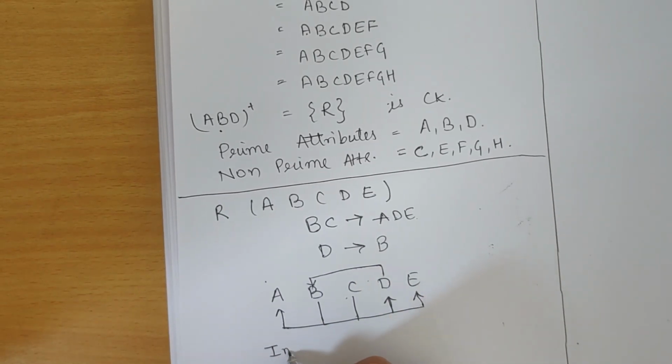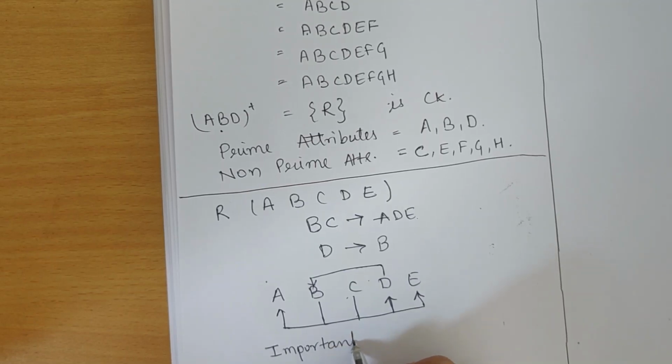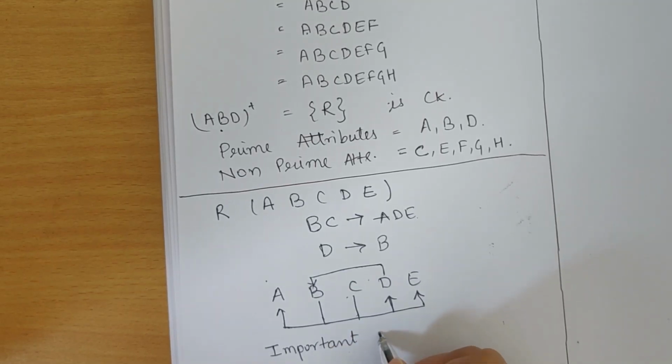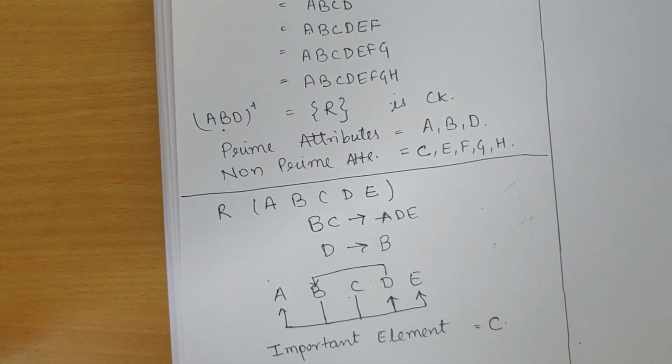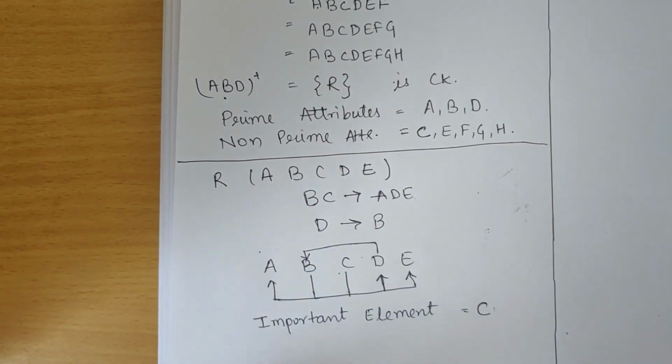The important attribute here is only C, because C is the only one which does not have any incoming edge, right?